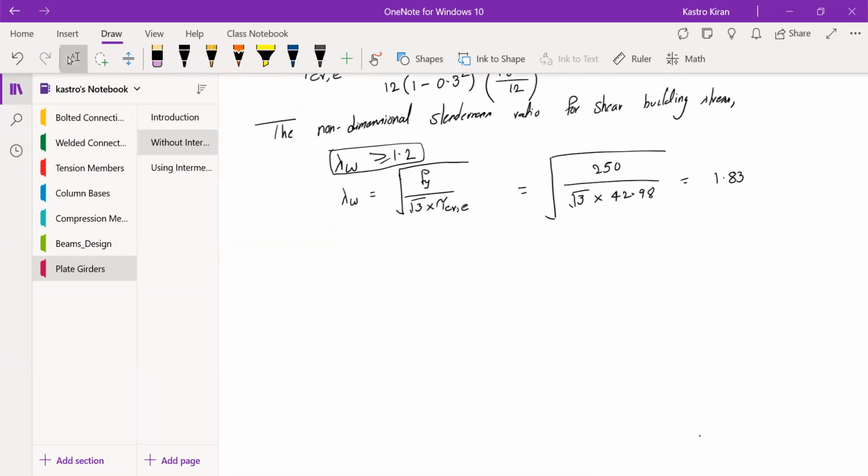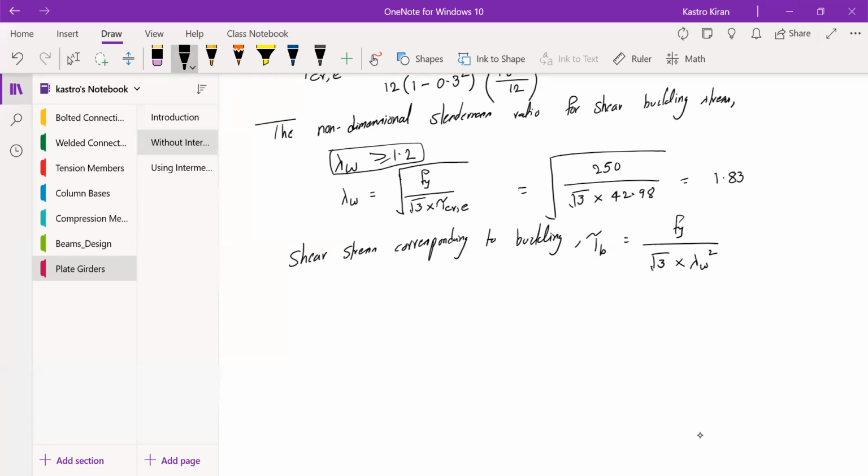So when lambda w is greater than 1.2, the value of tau B, that is the shear stress corresponding to buckling, where B represents buckling and tau represents shear stress, equals Fy upon root 3 into lambda w square.